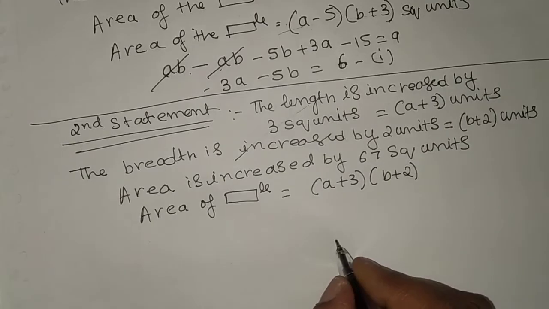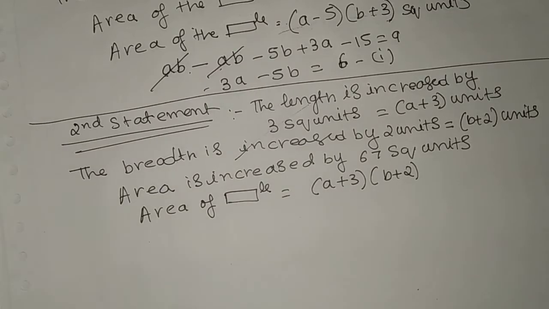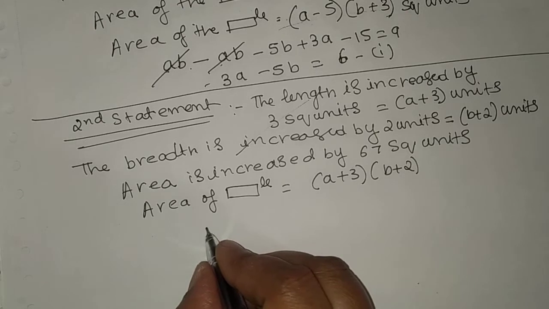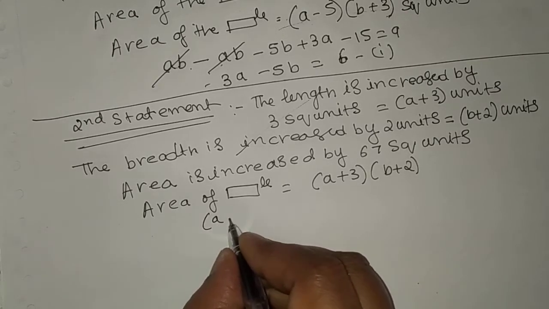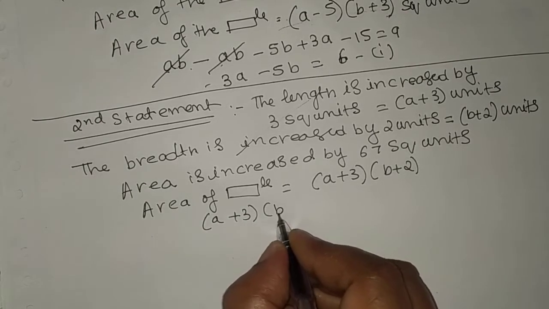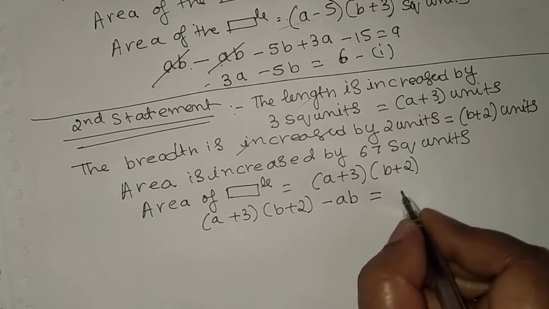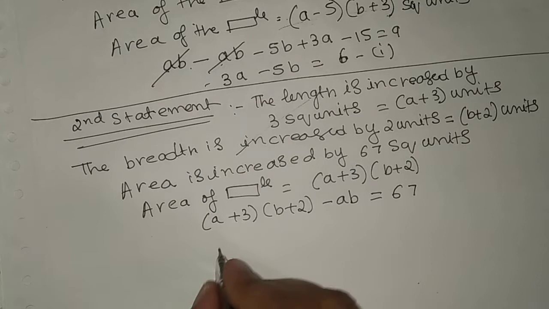So simplify this. Again we have to subtract here. So we get A plus 3 into B plus 2 minus the area of the rectangle, which is equal to 67 units.